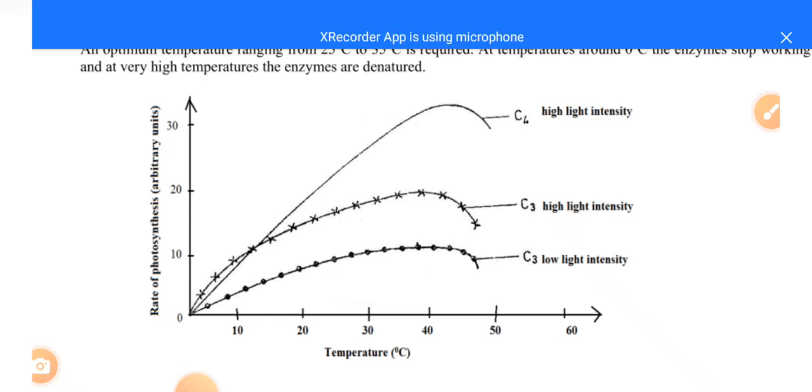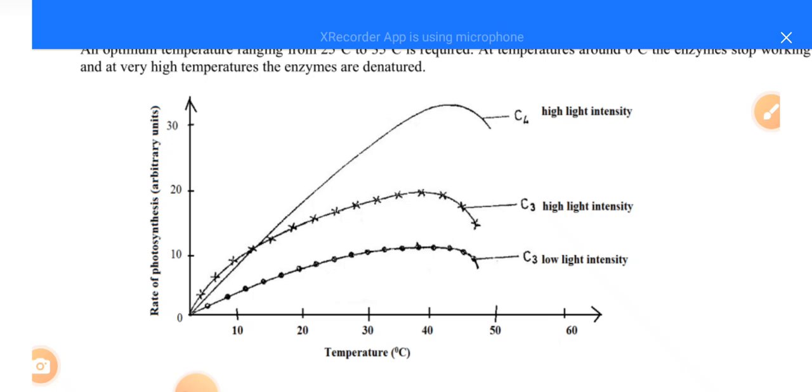So I want you to listen to some of the observations. We are seeing that below 10 degrees Celsius, between 0 and 10 degrees Celsius, the C3 rate of photosynthesis is higher than the C4 rate.